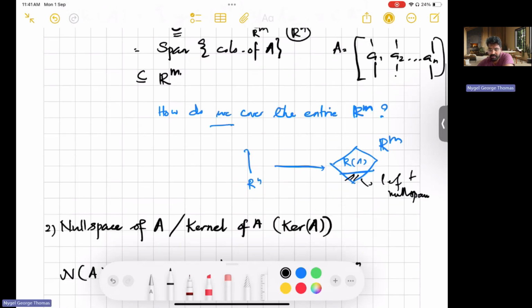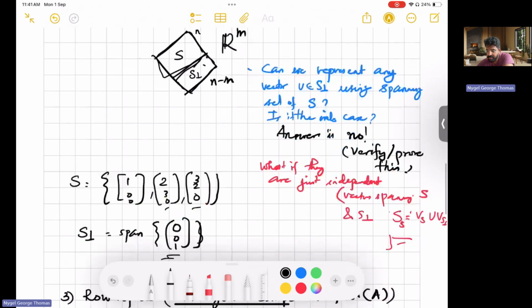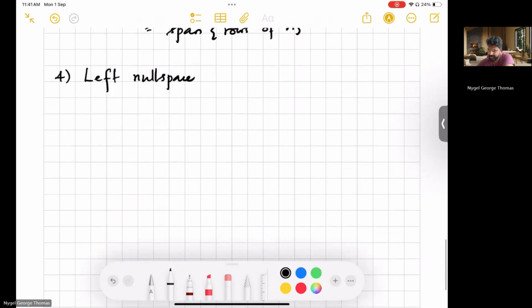Null space understood, but by left. We'll see it, it's just a convention. So the idea is this is actually a null space. What will that be associated with? It's actually associated with the A transpose matrix.